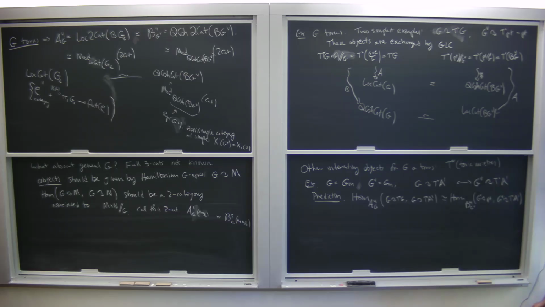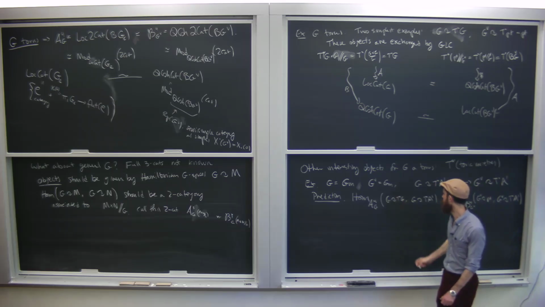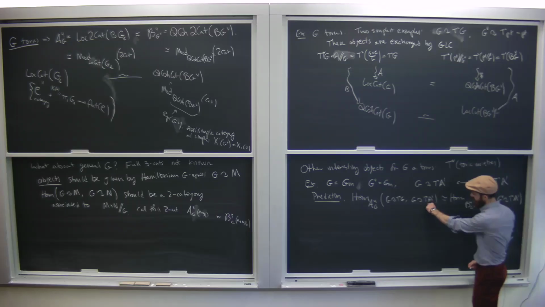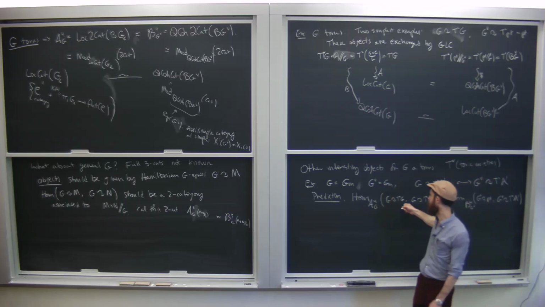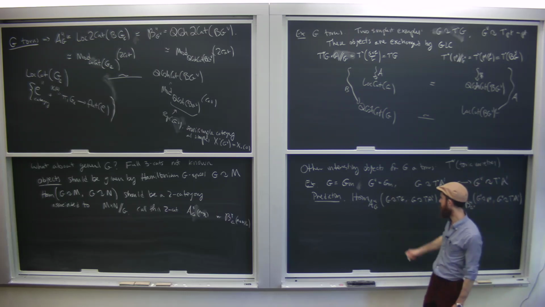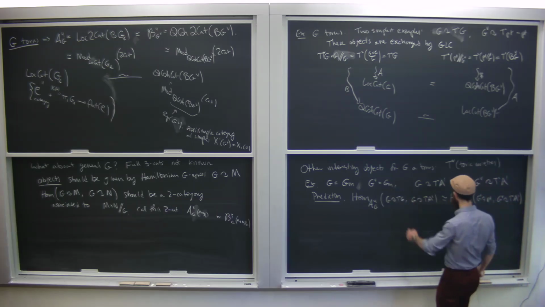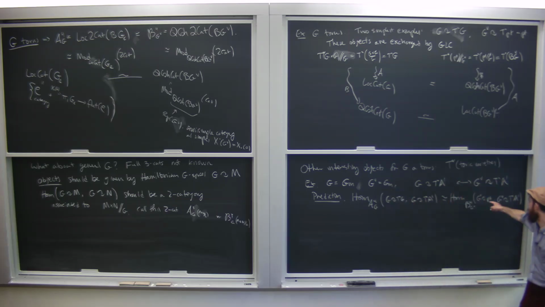And what you find when you do this is that pairing with this one has the effect of just passing to the underlying space, precisely because if I multiply by T star G and then take a Hamiltonian reduction by G, that just undoes the T star G factor. On the other hand, pairing with this one has the effect of just doing a Hamiltonian reduction, because multiplying with this does nothing.